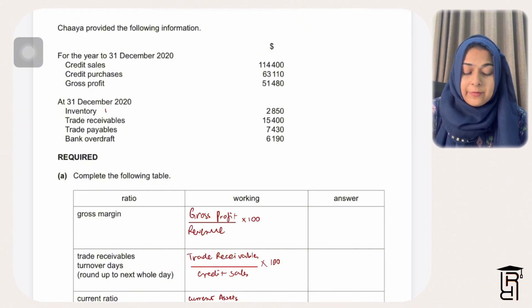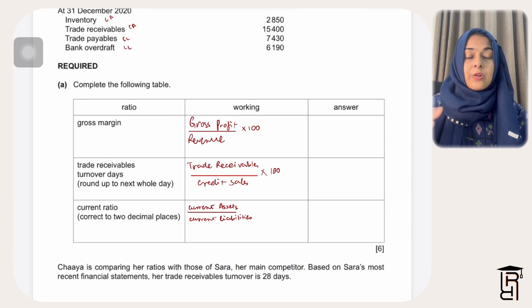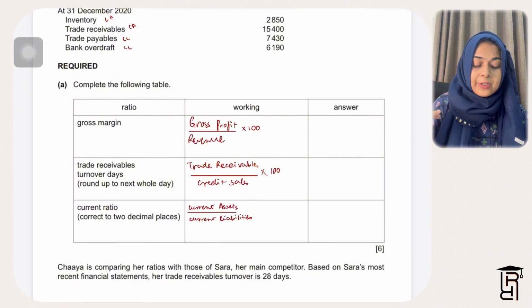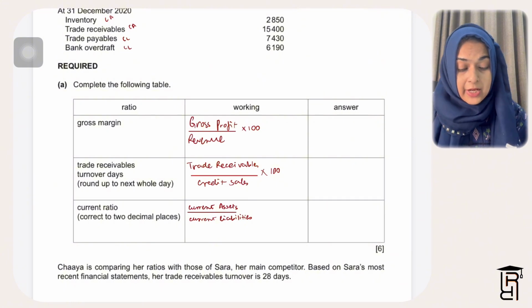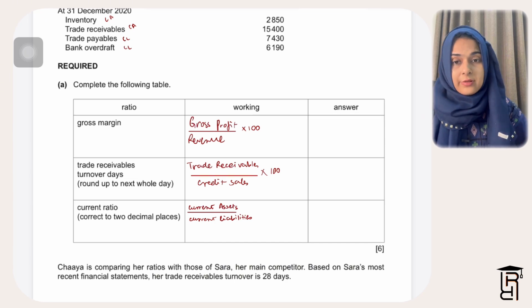Then we have been given a table, and they are asking you to calculate gross margin. If you remember the formula, gross margin is simply gross profit divided by net sales multiplied by 100, or gross profit divided by revenue multiplied by 100. Gross profit in this case is 51,480. Revenue in this case is credit sales, because all of our sales are on credit.